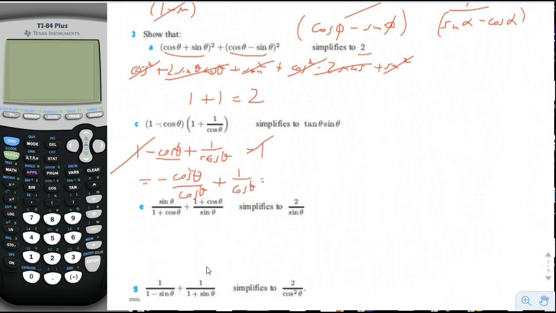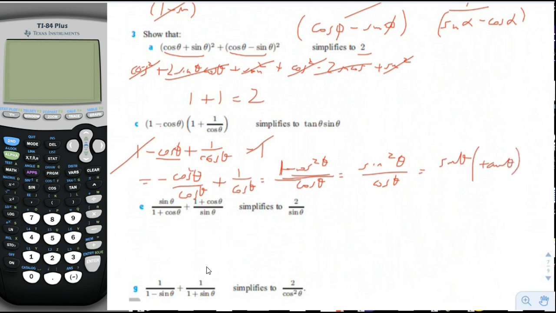So then we end up with 1 minus cosine squared theta divided by cosine theta. 1 minus cosine squared theta is equal to sine squared theta over cosine theta. And sine over cosine is tangent, so you could see that this is sine of theta times the tangent of theta. Okay, that's what they had there.